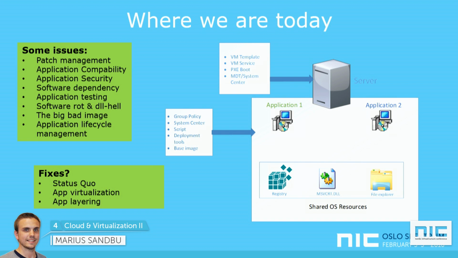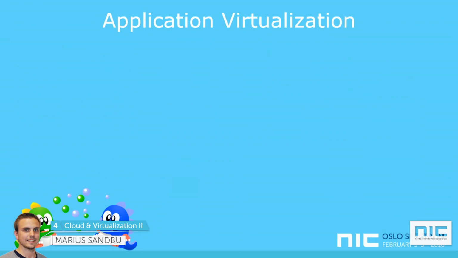So the first thing I'm going to talk about is application virtualization. Anybody played Commodore 64? The two guys in the left corner of the screen come to mind when I think about App-V, because App-V is basically bubbles.